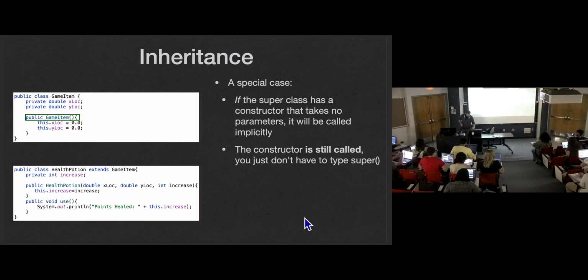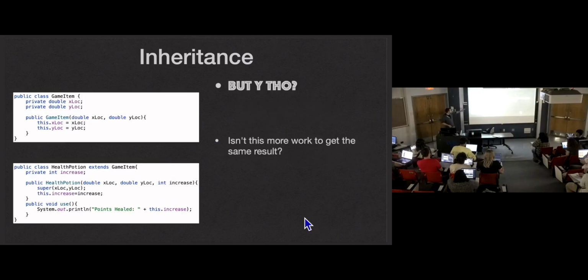So do you have to write super as well as X location and Y location are the parameters of the health potion part, or is that still mandatory? Let me get back to this code. Why would we ever do this? Since my constructor takes parameters, I have to explicitly call it.